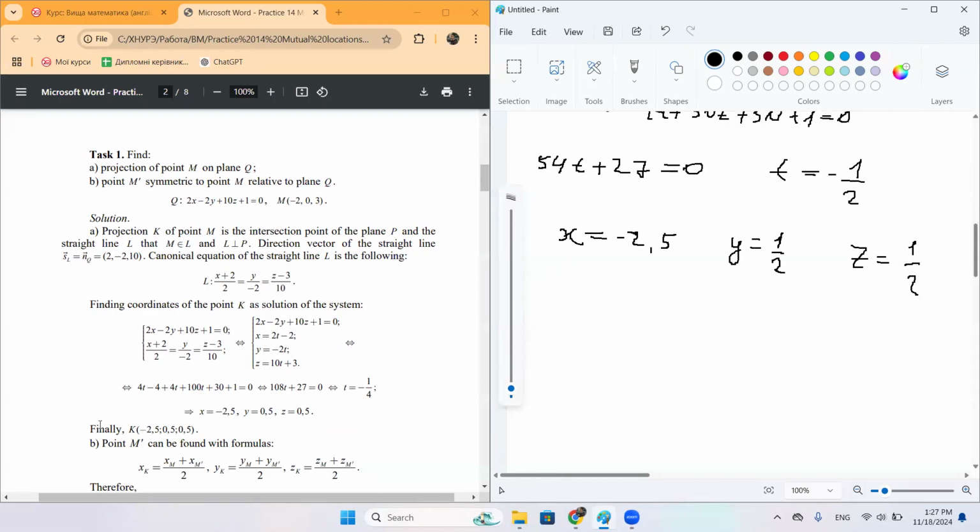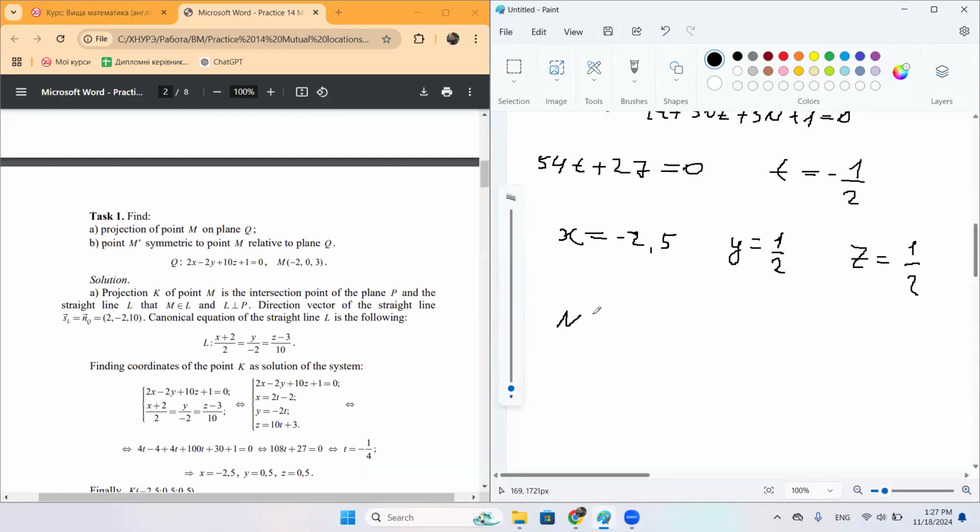Yeah, and here is k, but okay, let it be n, as we called here. So it has the coordinates minus 2.5, 0.5, 0.5.